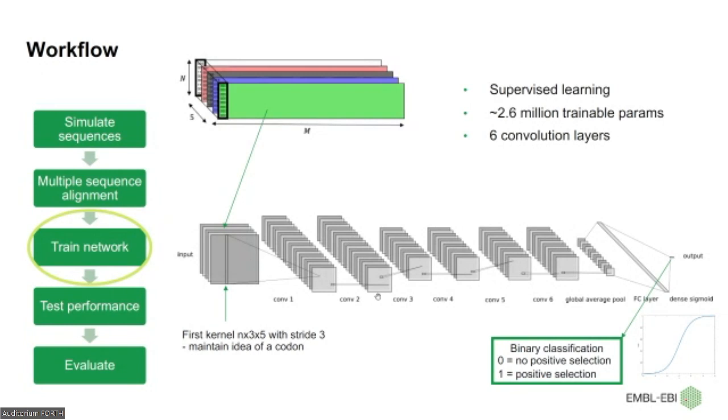Probably most noteworthy is that for the first convolution, the kernel has a width of 3 and a stride of 3 to try to encode this idea of a codon. In the end, what we're trying to do is train the neural network to give a binary classification, meaning can it detect any single site in the whole alignment that has evolved under an omega of greater than 1.